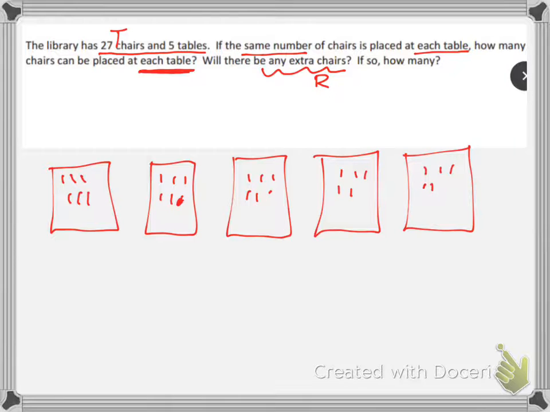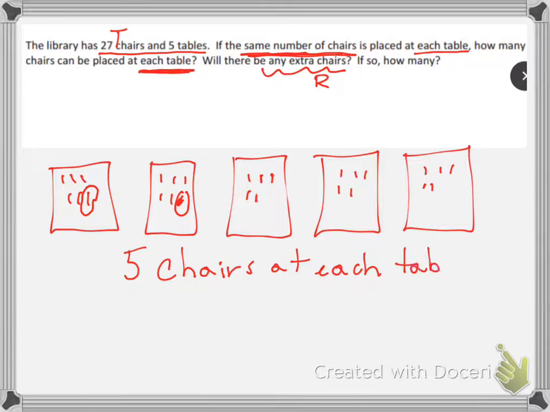But notice that we've got 2 extra chairs here. That is not going to fit, because they have to have the same number of chairs. So we have 5 chairs at each table, and there's going to be 2 extra chairs.